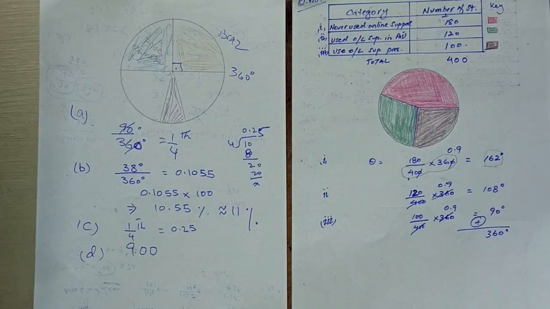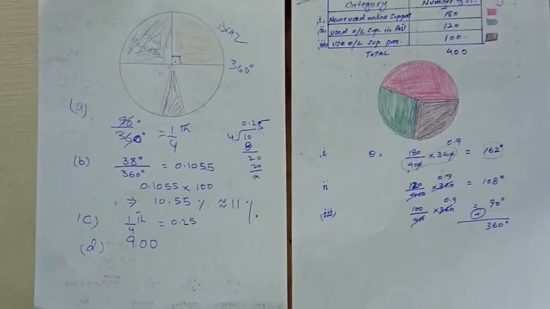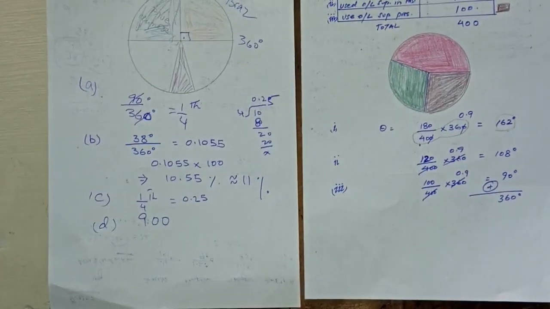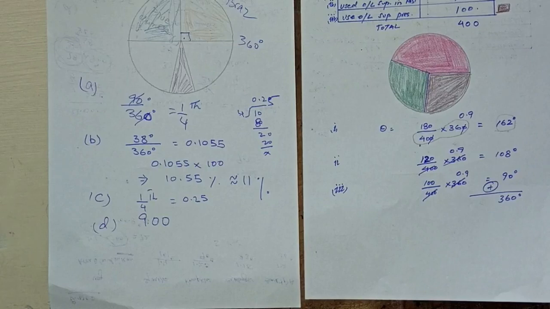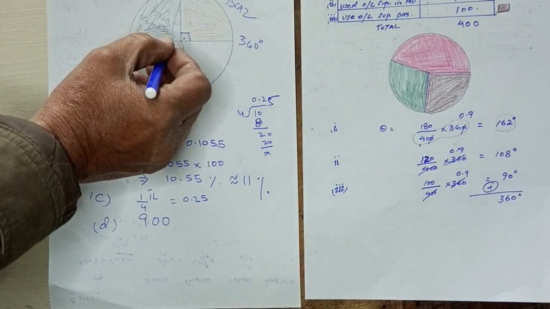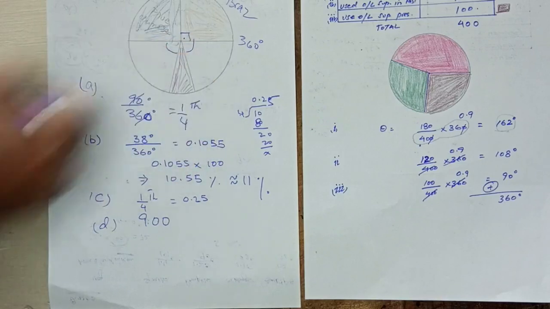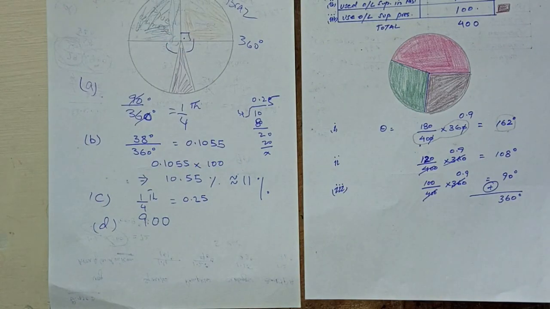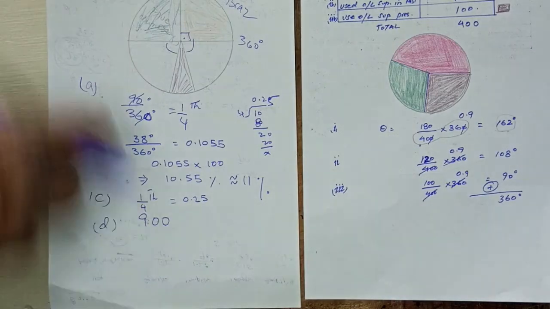If the total population of the students is 900, we'll measure this angle, and then we'll be able to solve the rest of the question.